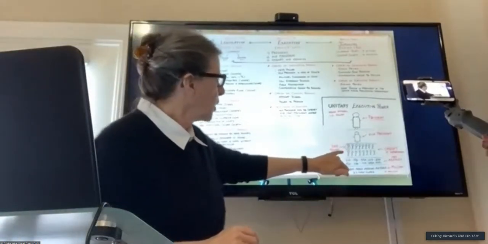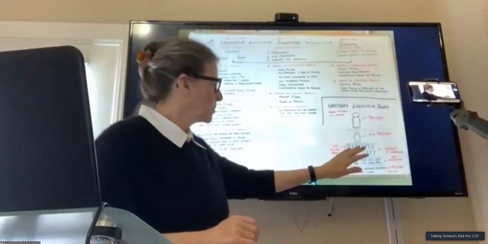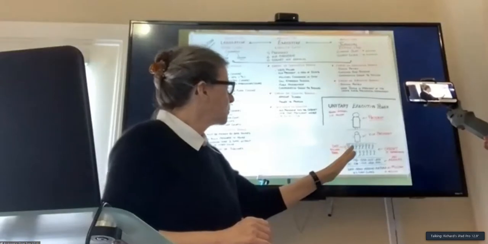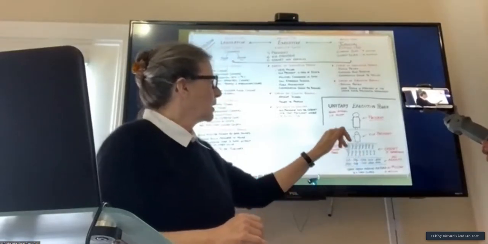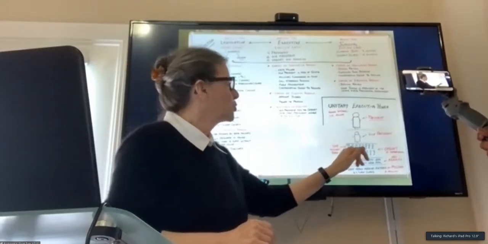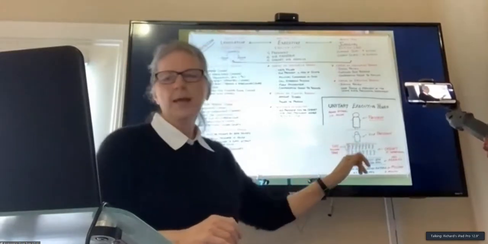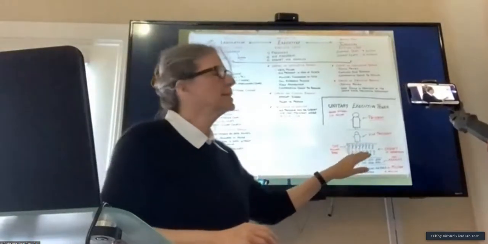So even though he has to get Senate approval to have people put into the heads of these departments, the president actually has the power to dismiss any of those heads. And he doesn't have to give any reason.